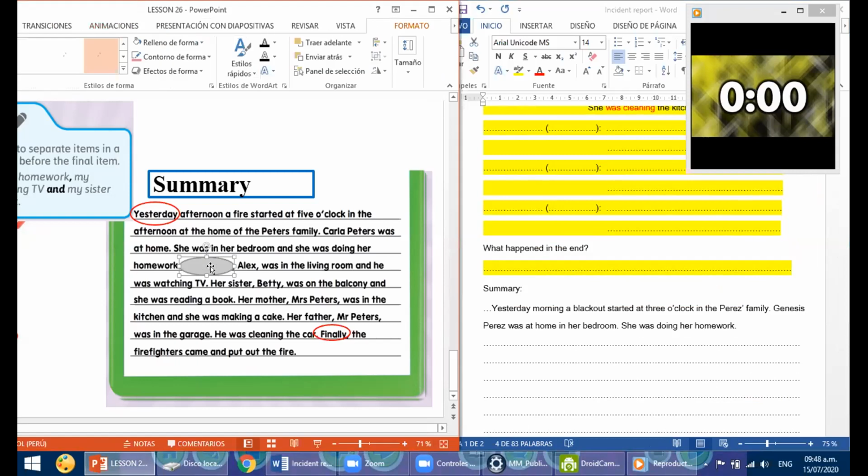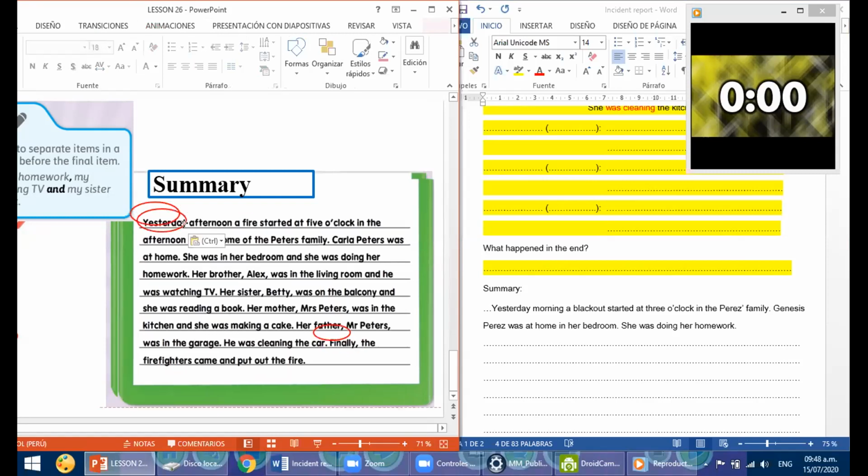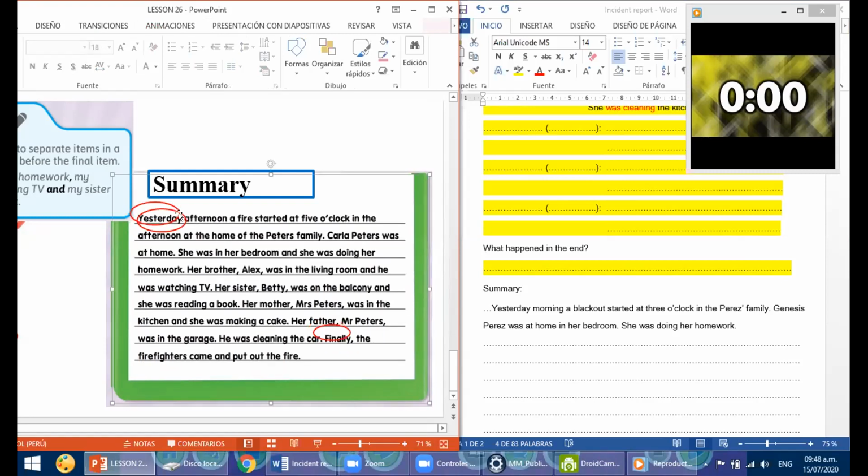Now, after you talk about you, when you finish about you, continue with your family. Continue with your brother, with your sister, continue with your mom, your dad, the same information. Her father, the same.